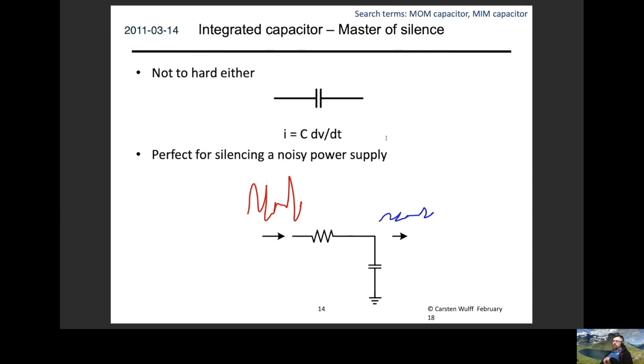Capacitors in integrated circuits are usually either parallel plates, which we used to use in the olden days, so you had a metal, an insulator, and a metal on top. These days, it's mostly finger structures, where you do multiple layers of metals, called metal oxide metal capacitors.